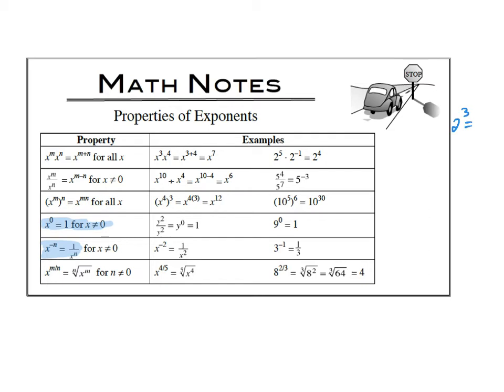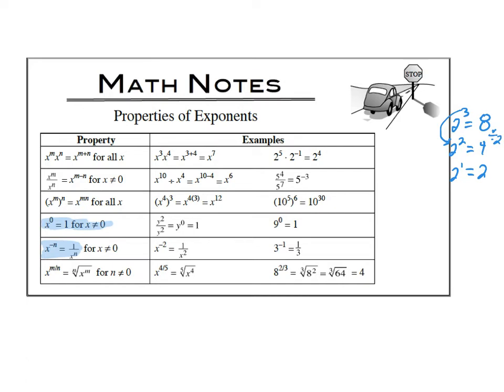We know that's 2 times 2 times 2, which is 8. Then 2 squared, that's 4. 2 to the 1st, well, that's 2. Now, what am I doing each time? I'm decreasing the exponent by 1. That's one way to look at it. But I'm also dividing each time by 2.